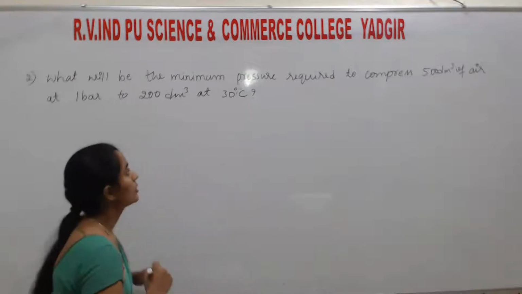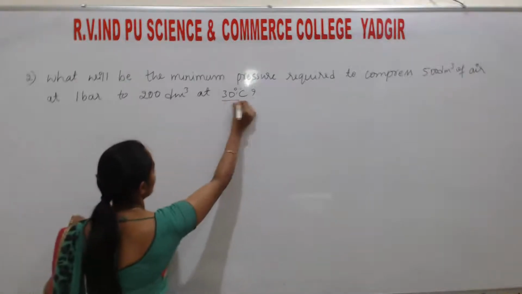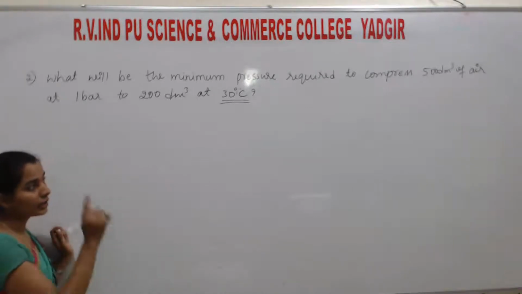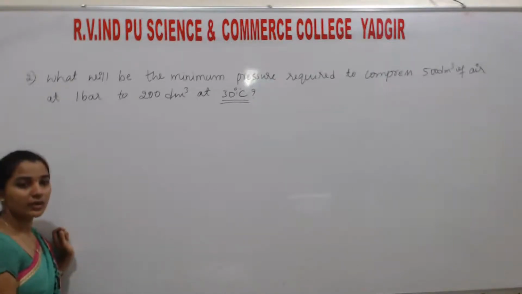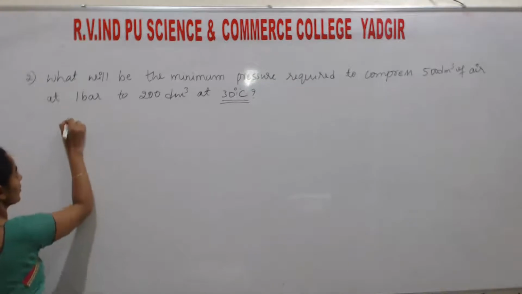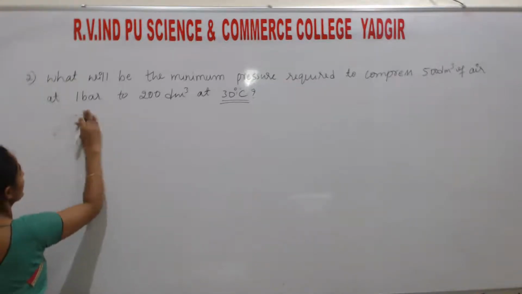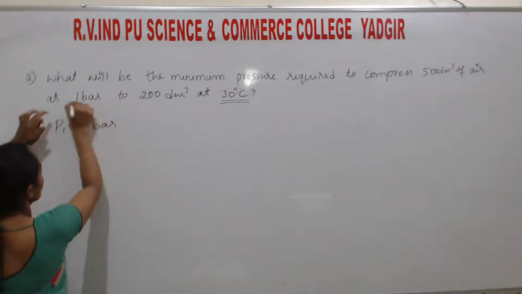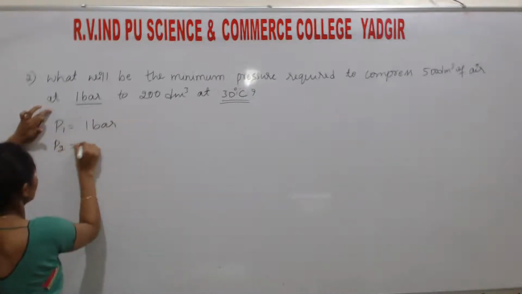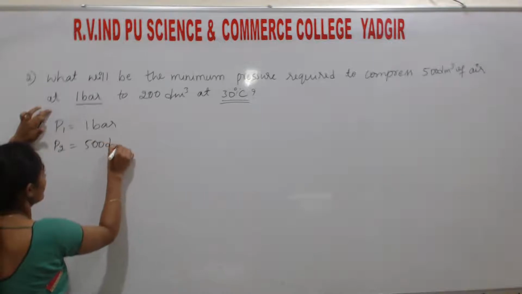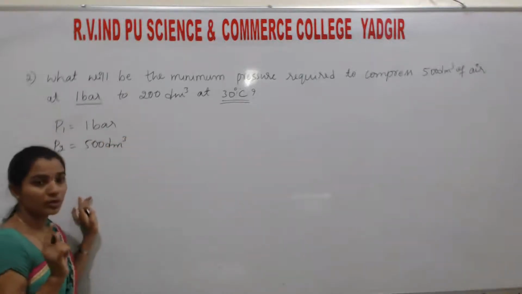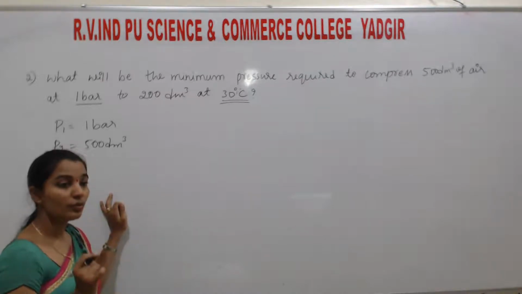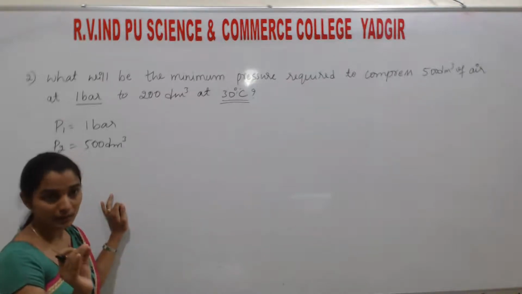Understood? Okay. So students, here they given only 30 degrees Celsius, which means it is the constant temperature. Only the pressure and volume variables are there. This also follows Boyle's law. So accordingly, first you write the given values. P1 is 1 bar pressure. V1 is 500 dm cube. You have to take P1, V1, P2, V2 values exactly.